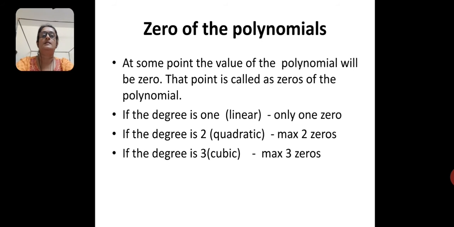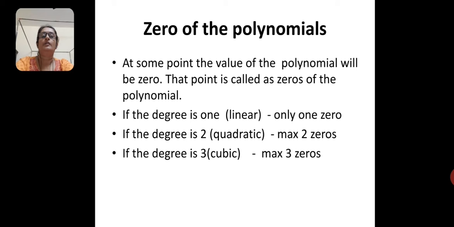Now what is the zero of a polynomial? At some point the value of the polynomial will be 0. That point is called the zero of the polynomial. For every polynomial, the number which you put in as the value of the variable that gives you 0 as the answer is called the zero of the polynomial.